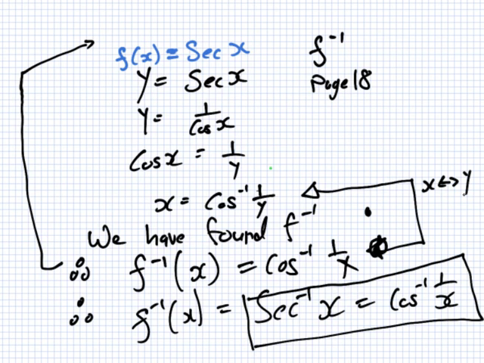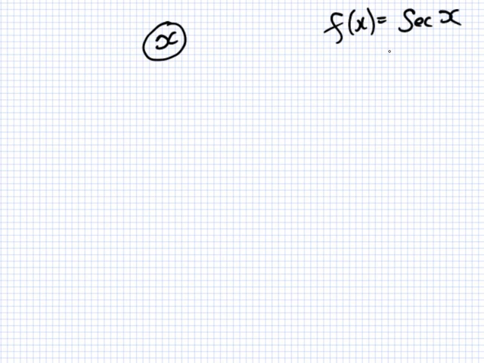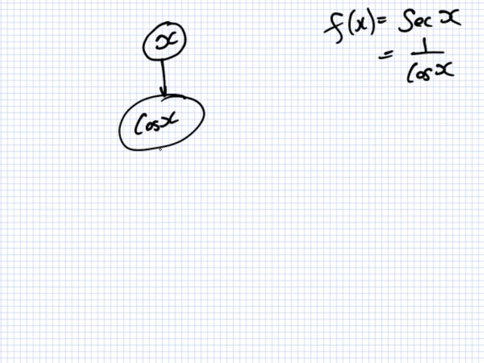If you don't like that process, there is the other process we had. Do you remember, we start off with x. If I said f(x) equals, what was it, sec x, which is equal to 1 over cos x. So you start off with x, then you get the cos of x, and then you get 1 over the cos of x.